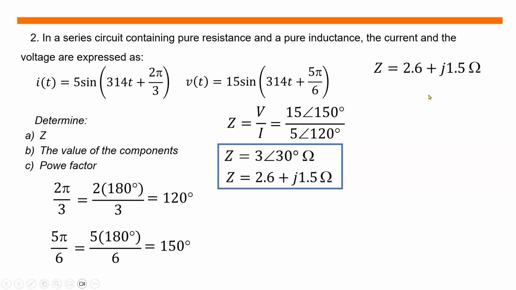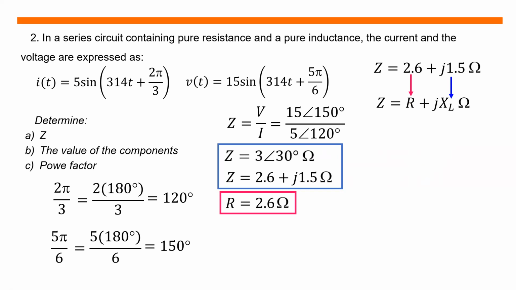So in this equation, 2.6 plus j1.5 ohms, the 2.6 is the value of our R, and the 1.5 is the value of our inductive reactance. Meaning, the value of R is equal to 2.6 ohms, because that is what is being asked. And the value of our X sub L is 1.5.